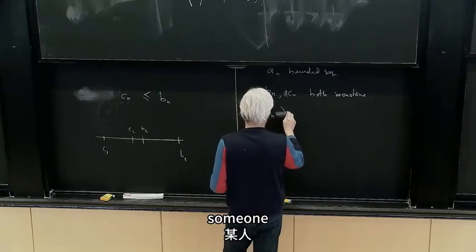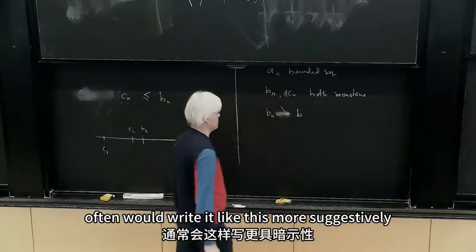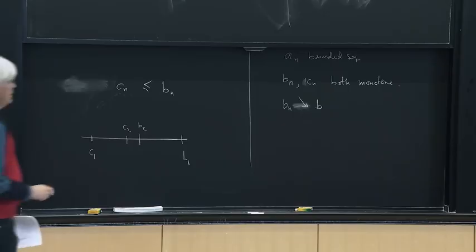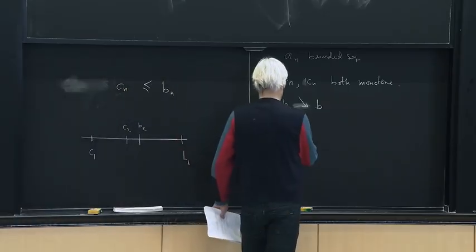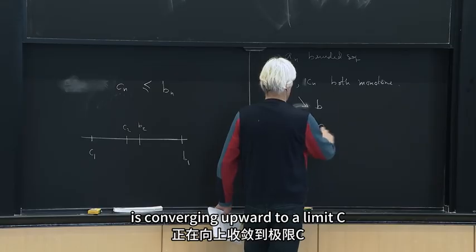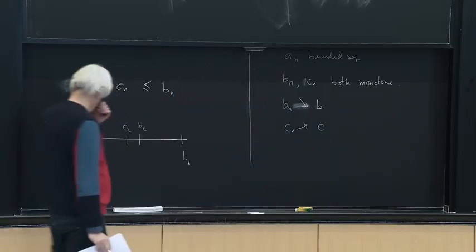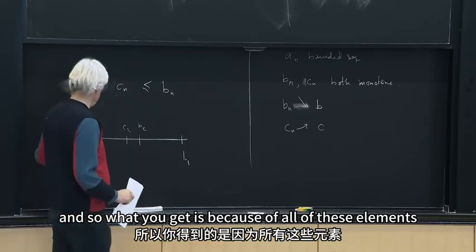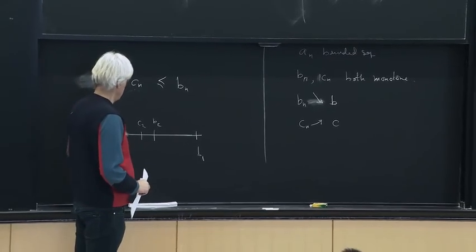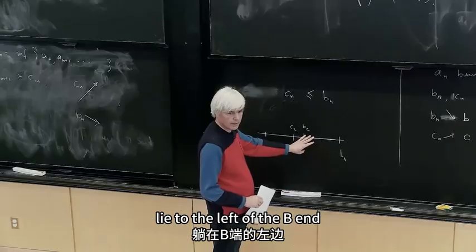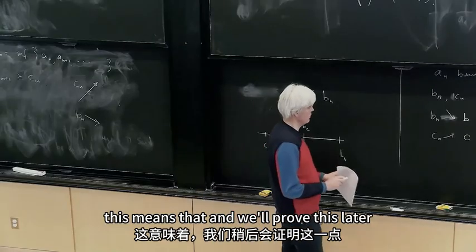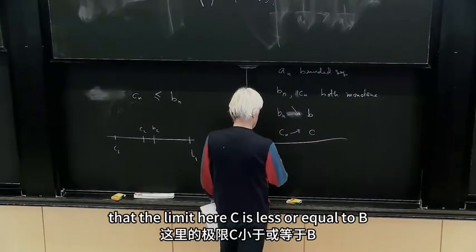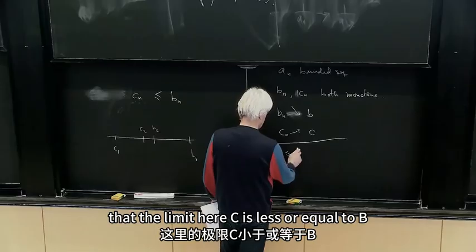So they're converging, so one often would write it more suggestively: Bn is converging downward to a limit B, and the Cn is converging upward to a limit C. Right? And because all the Cn's lie to the left of the Bn's, this means that, and we'll prove this later, but it seems pretty obvious, that the limit C is less or equal to B.